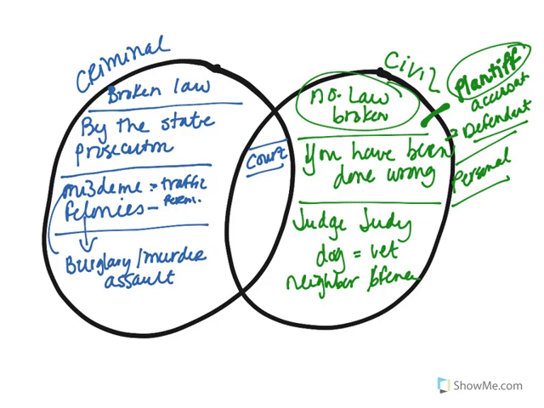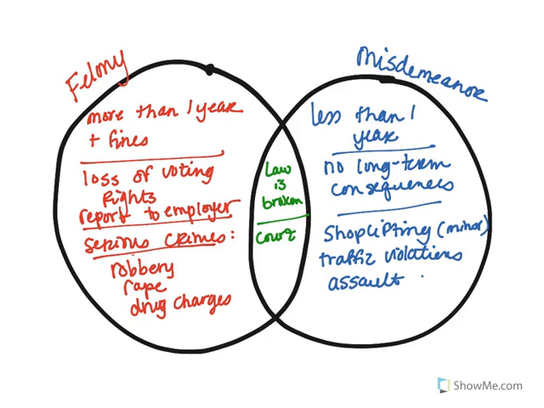So remember, in criminal cases, there isn't a plaintiff. It is a prosecutor, meaning the state is literally bringing charges against you because you broke a law of that state.